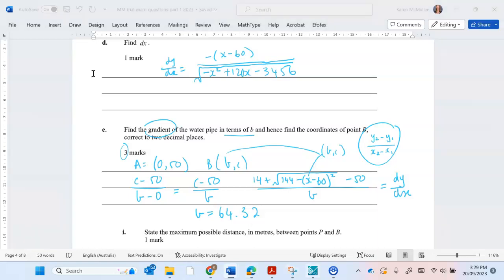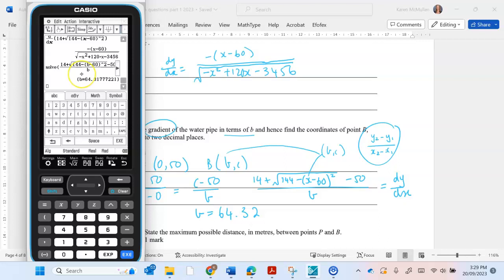So on my calculator, our C is this part here. I can just copy that down. Again, change it.